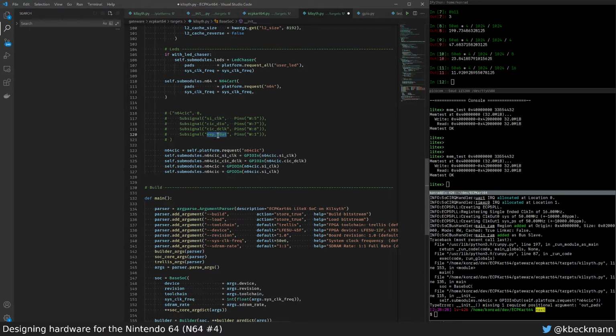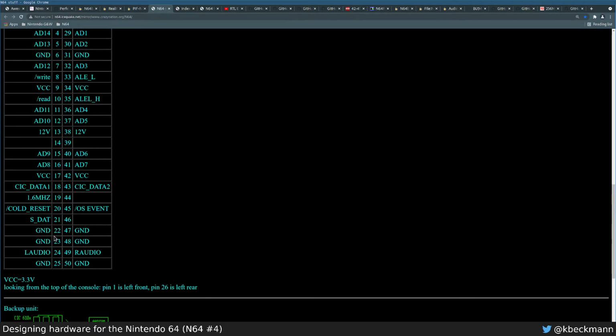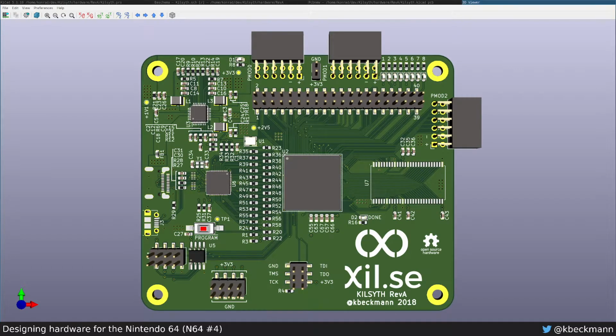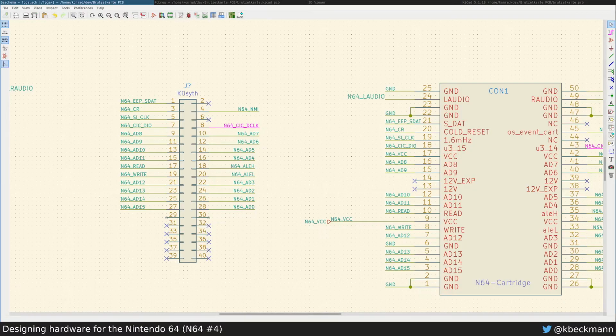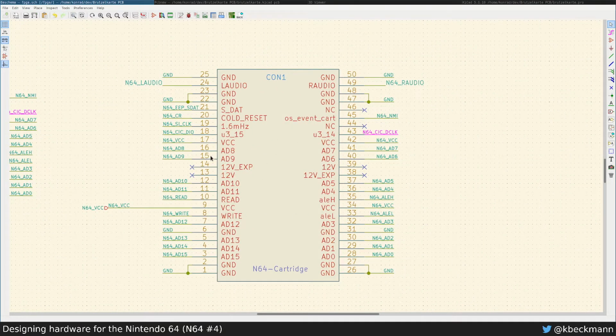I'm still kind of curious about this pin. I don't really know what that does. Okay, there are two data pins. So it's 18 and 43. Let's go here, 18 and 43, this one. So it's this one and this one. Yeah, so these are the two.